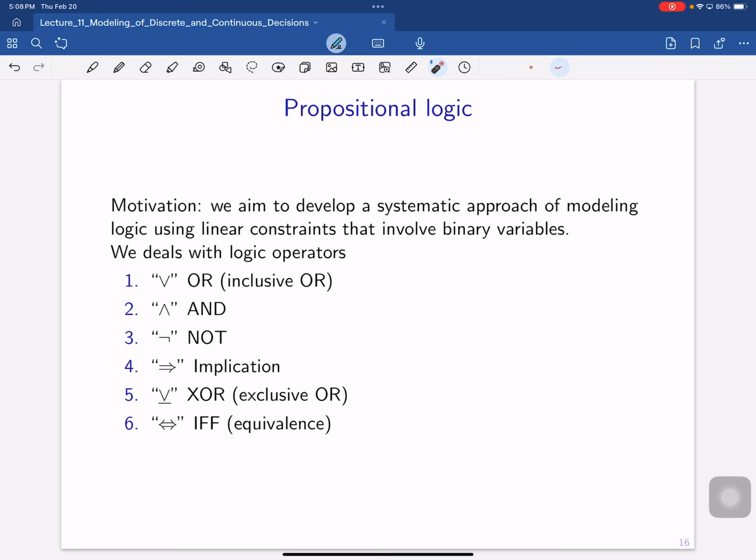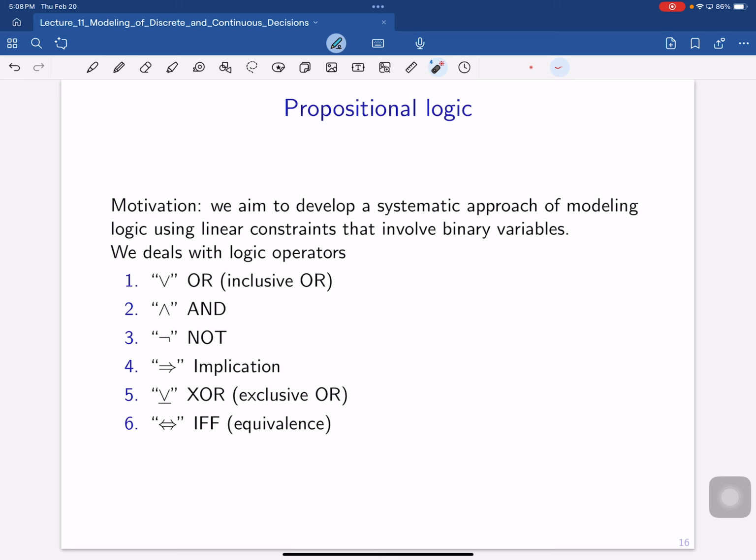Suppose you have some logic variables that can take values true or false. I want to enforce some logic conditions or constraints among these variables. How do I use those notations to represent the logic? And after I can represent them as logic conditions, how do I translate them into linear constraints using 0-1 variables? That's what we will do in the next few slides.